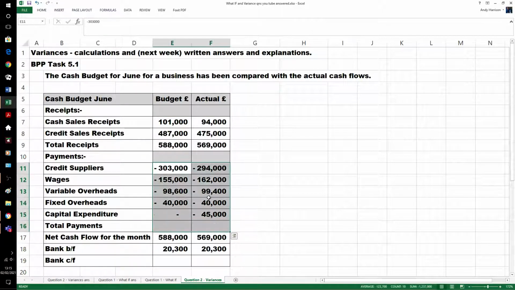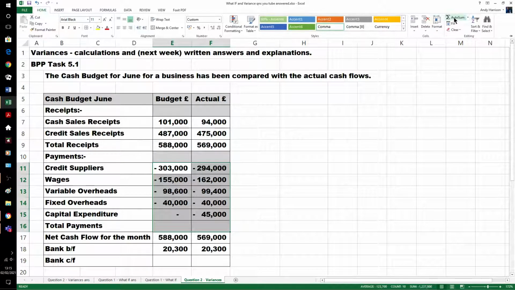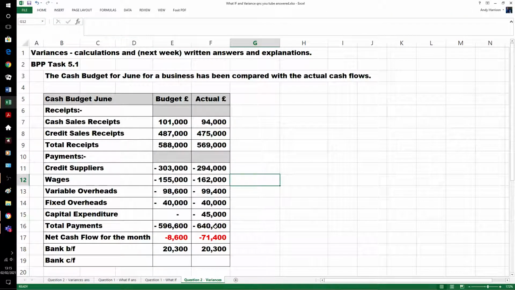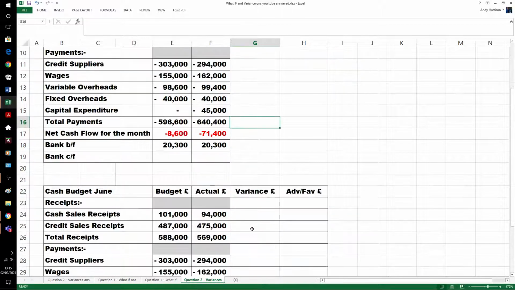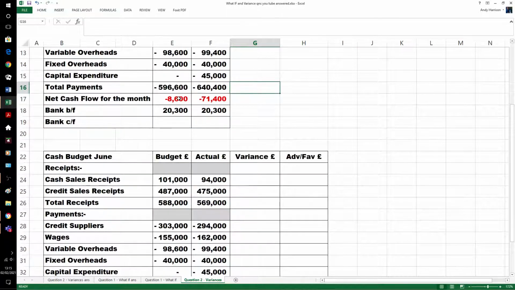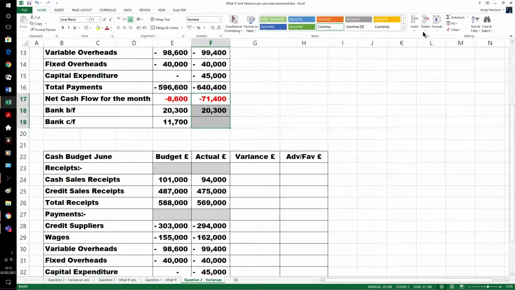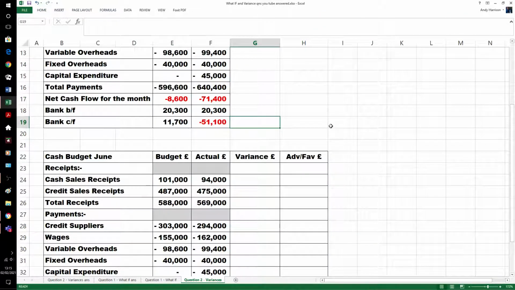Payments, paying out a lot more money than originally budgeted, and therefore our bank balance, so net cash flow and the opening balance, was going to be 11,700, and we're going £51,100 overdrawn. So knowing that that's happened, we need to start shouting and jumping about and threatening people, what on earth have you done? So let's do the analysis.